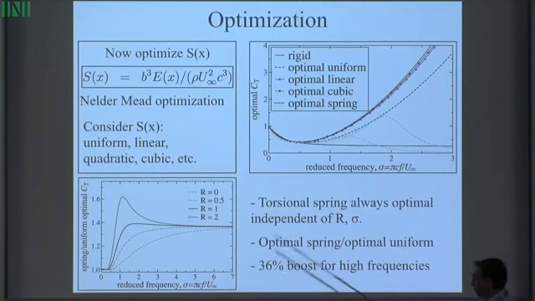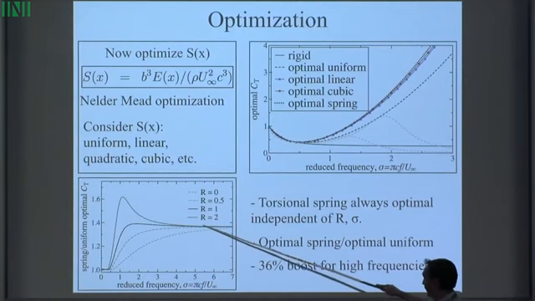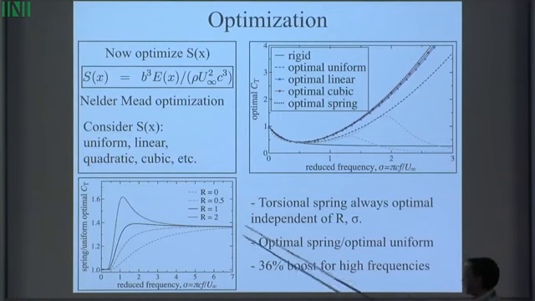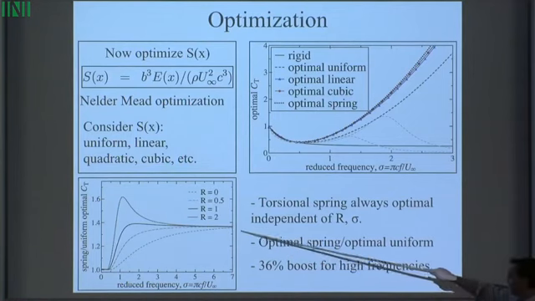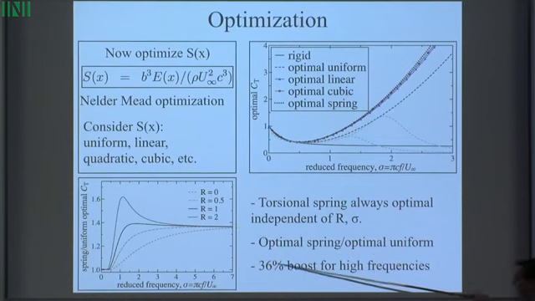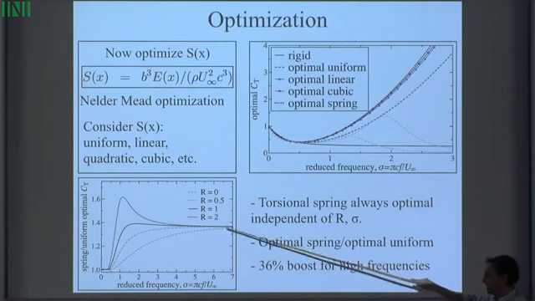But one thing that jumps out is that in the limit of high driving frequency, they all asymptote to about the same value. And that turns out to be about 36% higher. So you get a 36% boost in choosing the optimal torsional spring compared to the optimal uniform distribution. And we still don't have an analytical grasp on why that's true. It's simply a numerical observation.